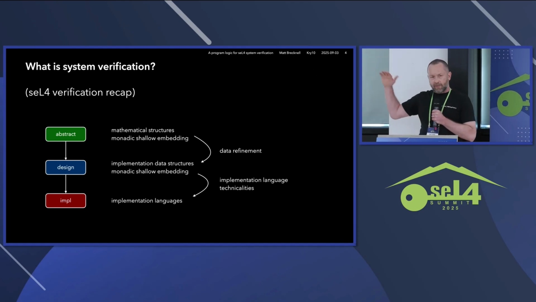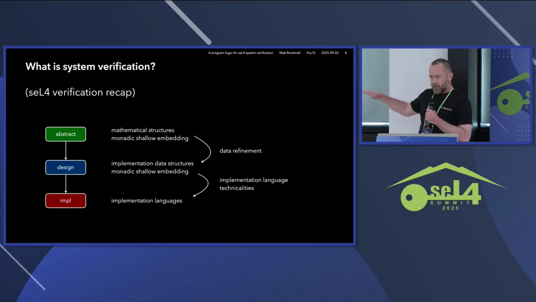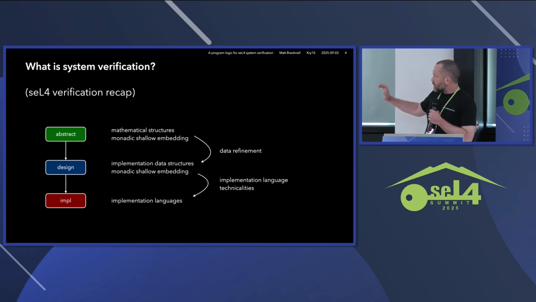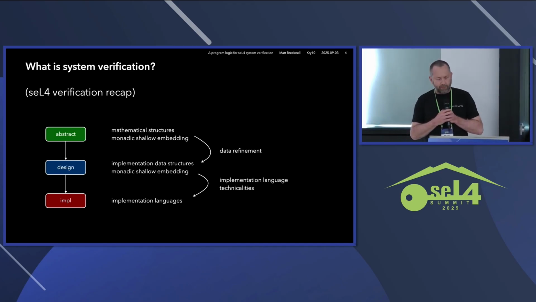We have several specifications at different levels of abstraction. We start at the bottom. There's a very detailed model of either the C code or the machine code. And so this has to deal with all the complexities of that programming language or machine.